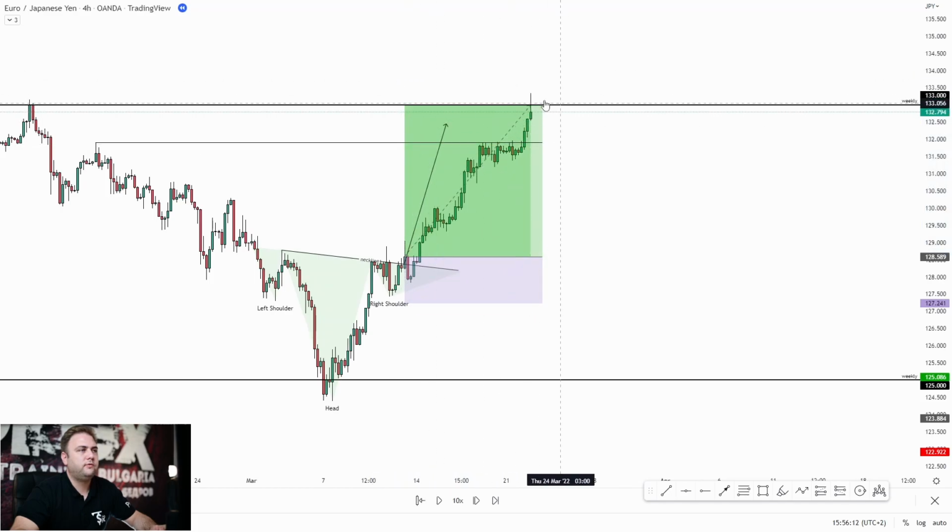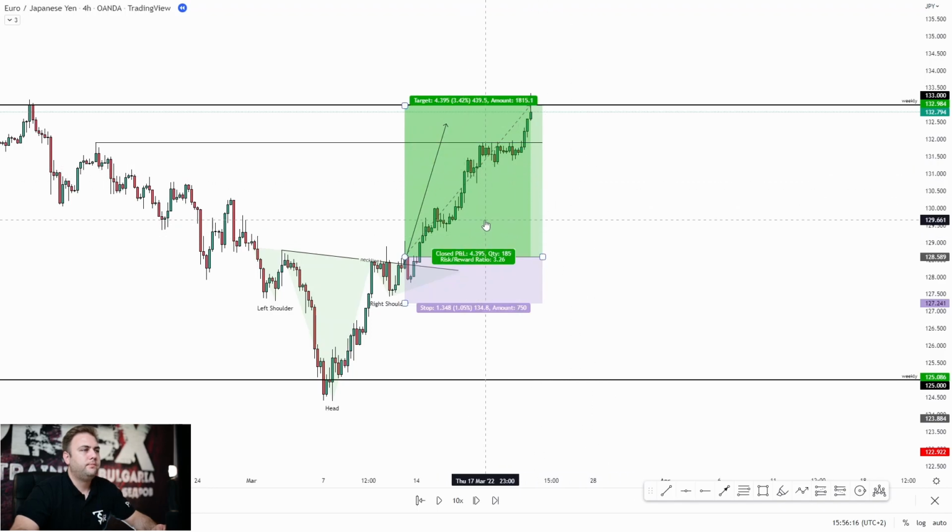Our second take profit is hit, just at the weekly level. Again, this is a very good risk-reward ratio trade, and it's about 3.26. This is 135 pips in loss for 440 pips in profit.